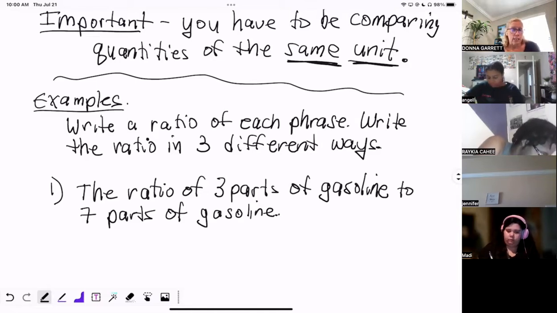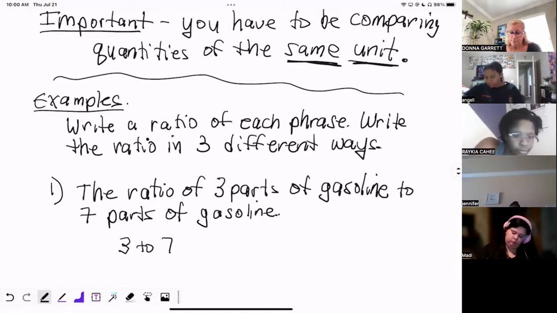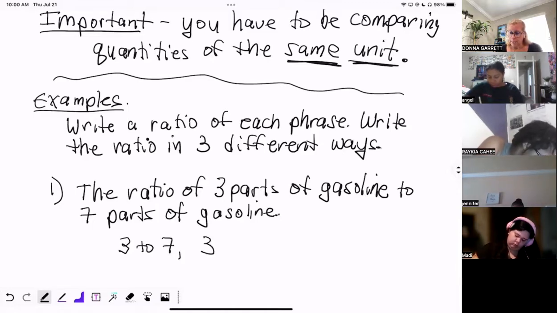We don't have to change anything because they're the same unit. So the 3 ways we can write it: 3 to 7, that's one way to write a ratio. We can write 3 to 7 that way, or we could write 3 to 7 that way. As long as they're the same units, you're fine.